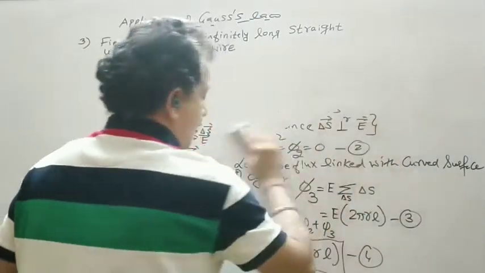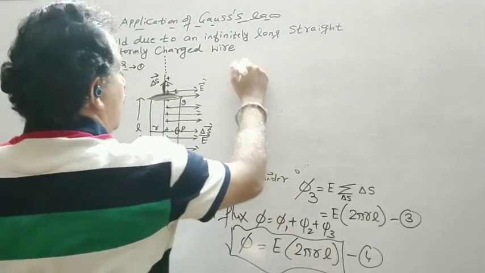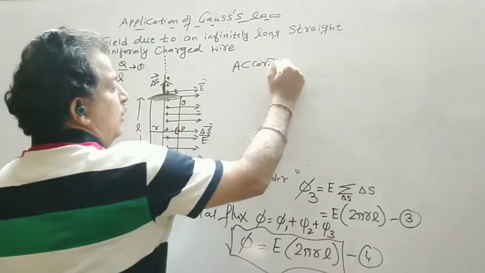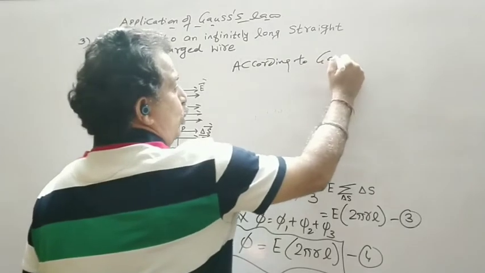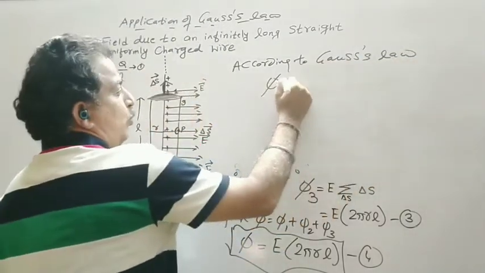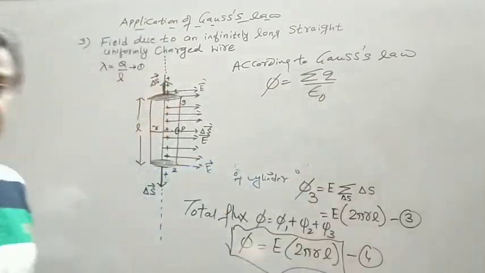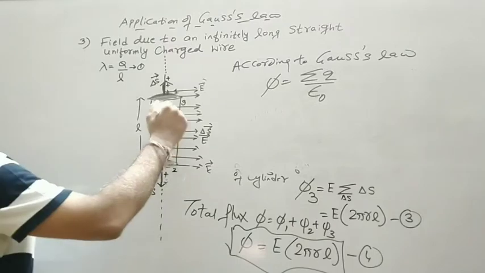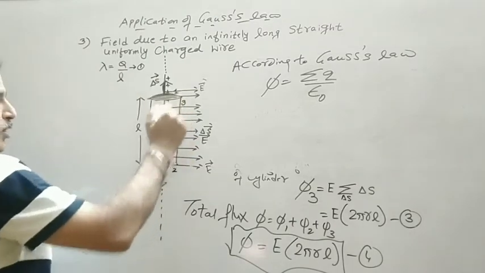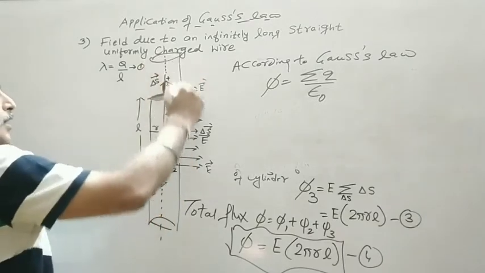Now what the Gauss law says is that the total flux is equal to summation Q upon epsilon naught. So here, the entire charge. This is one Gaussian surface, then we have another cylinder, and another cylinder.